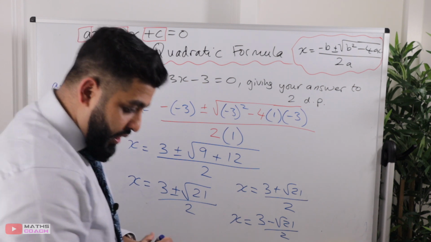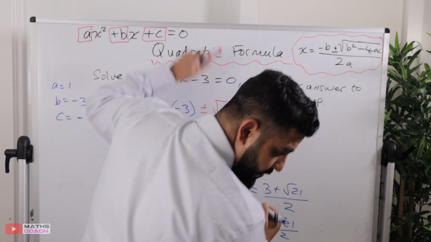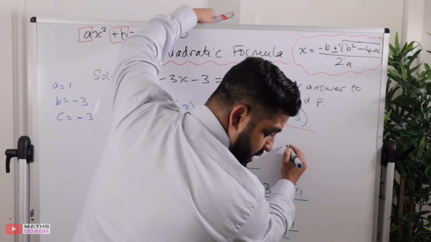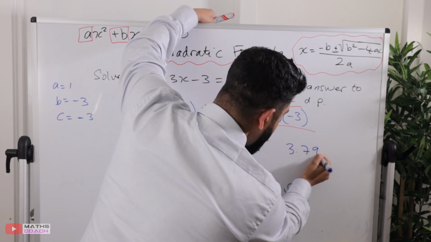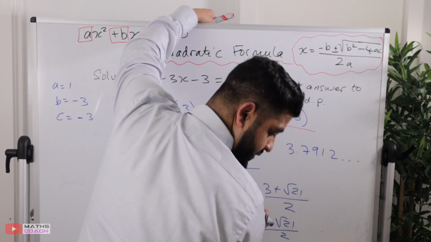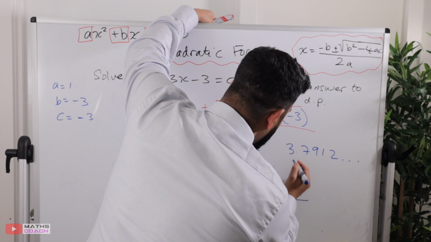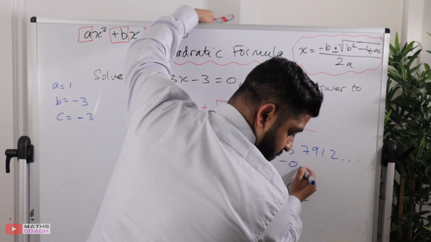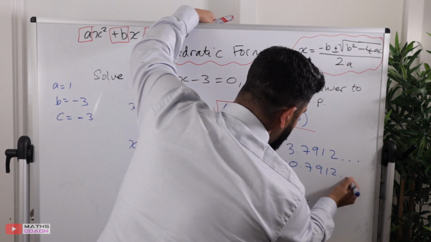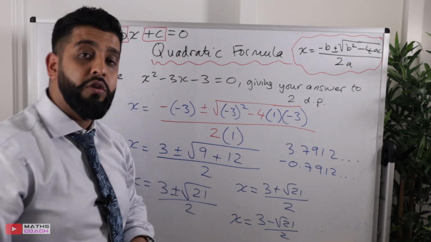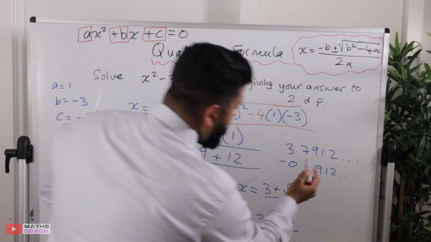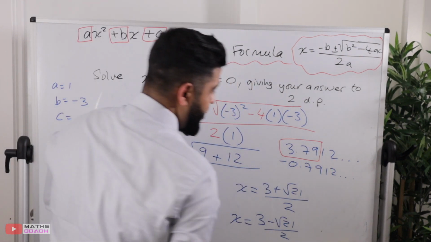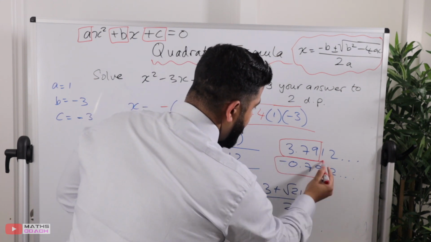Okay? Now the answers that I got for both of them, for the first one I got 3.7912, and some other numbers here. And then the second one I got minus 0.7912. Now both of them we have to round to 2 decimal places. So we want only up to here and up to here.